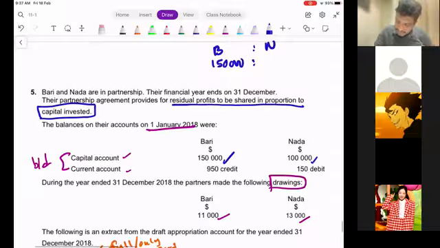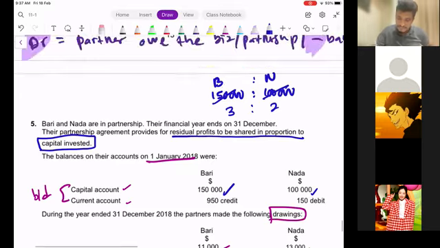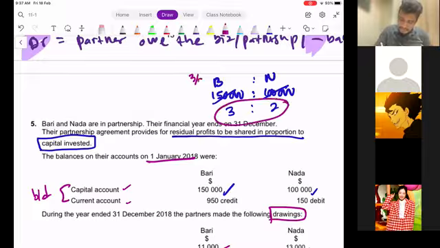Nada invested 100,000. Can you simplify? 3 to 2. So Bari will get 3 over total 5. Nada will get 2 over total 5. This is their proportion. Understand or not? So 3/5, 2/5.